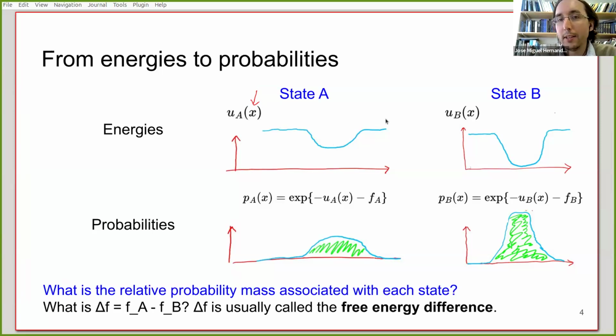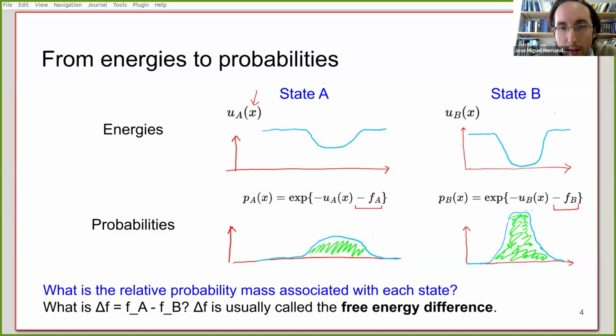Given these energy values in state A or state B, we can obtain the corresponding probability distributions by taking the exponential of minus the energy times some normalization constants. These normalization constants are the log normalizers of the distributions. They represent the probability mass for each distribution, okay? So this would be this probability mass here.